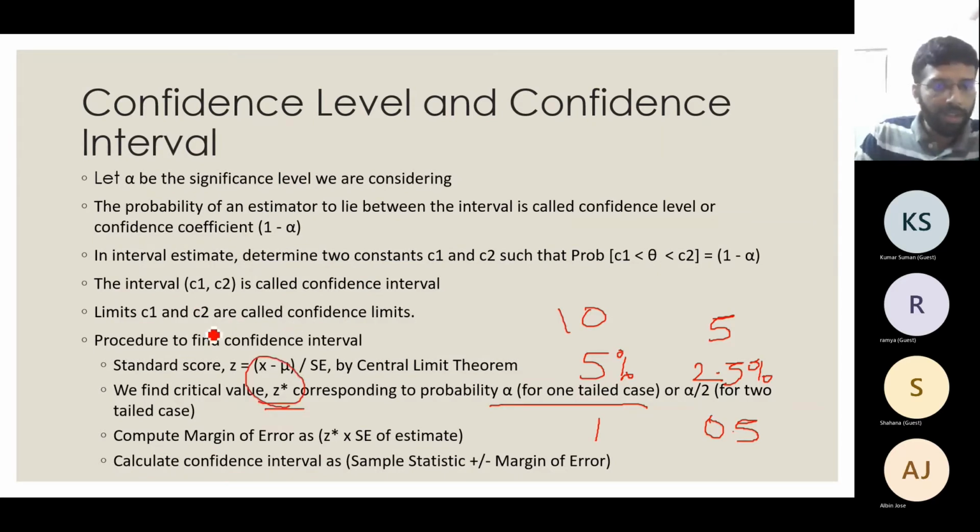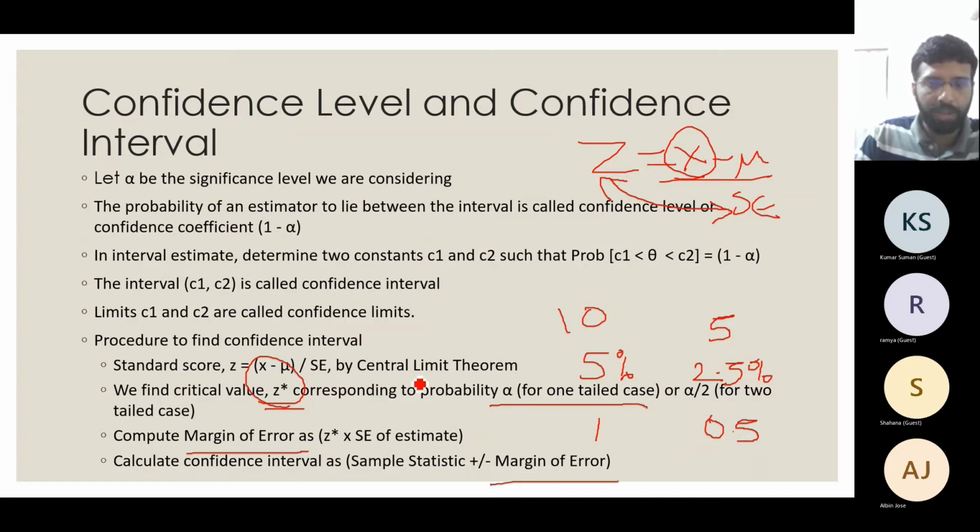Then we will find the margin of error, which is like this equation: Z equal to (x minus mu) by standard error. We will call the product of Z and standard error the margin of error. So first we will compute that. Then my x will be mu plus or minus the margin of error. That is the same as whatever I told in the example. This is how you will actually write it.